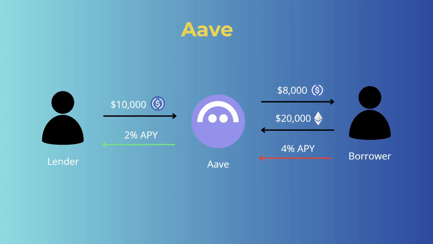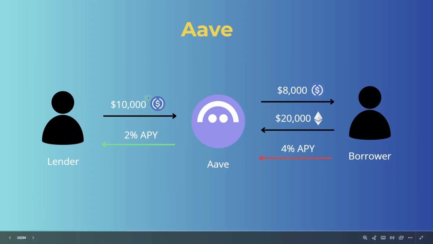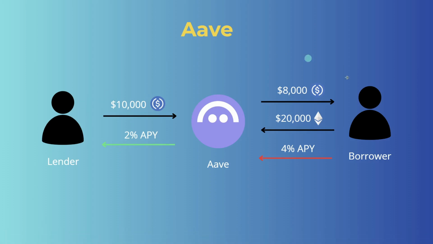So the most important protocol that we have in DeFi, in Ethereum especially, that makes this lending and borrowing process is Aave. So for example, this is a very simple example of how this protocol works. This protocol, as we said earlier, simply does not have money of its own. It simply matches people who want to lend money and earn interest with people who want to borrow money and pay interest.